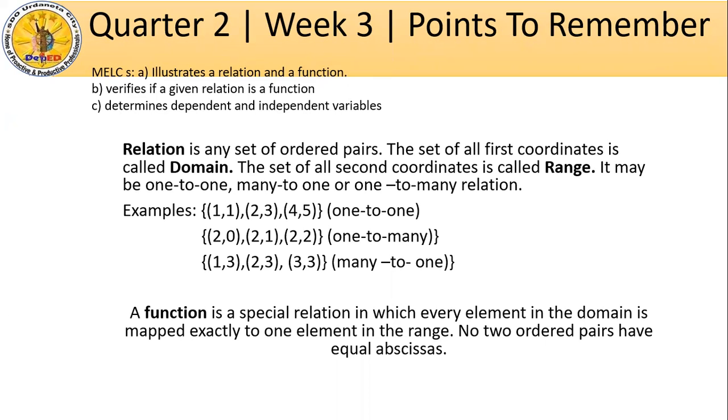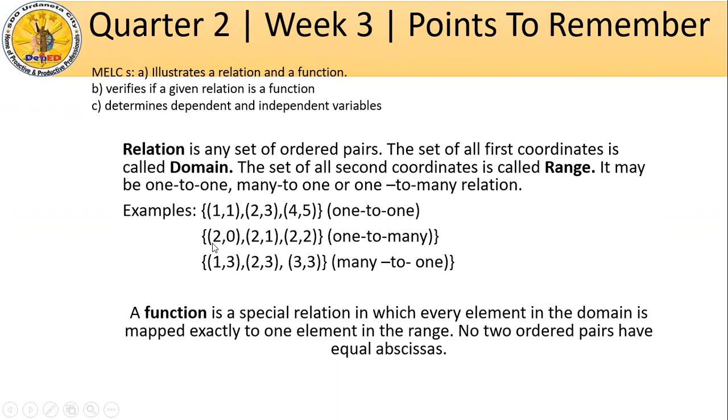In our given example, on the first set of ordered pairs, the domain are 1, 2, and 4, while the range are 1, 3, and 5. The relation is 1 to 1. For the second example, the domain is 2, while the range are 0, 1, and 2.